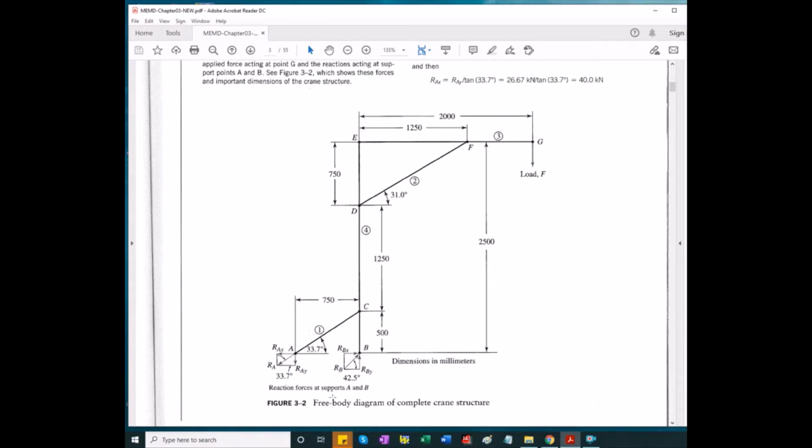Firstly, you do a static analysis of the entire unit to find the reactions at the mounts A and D. You sum moments about A, right? That moment equilibrium equation will get you the reaction at B, and then summing moments about B gets you the reaction at A. At A, we know the direction of the reaction.